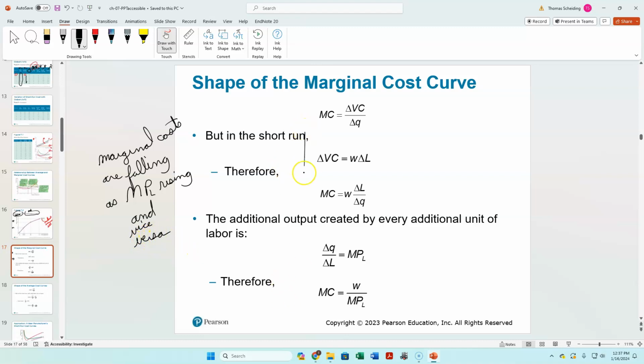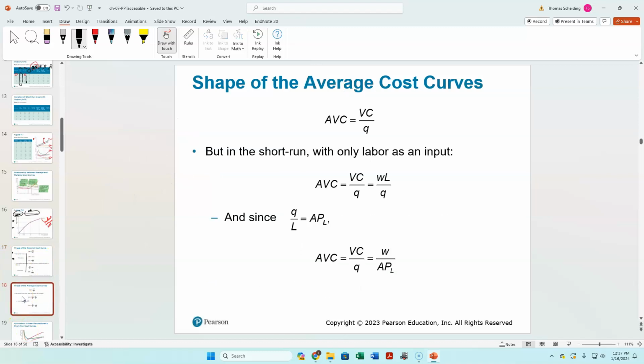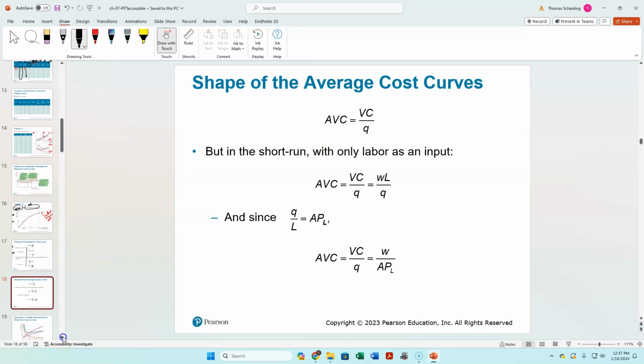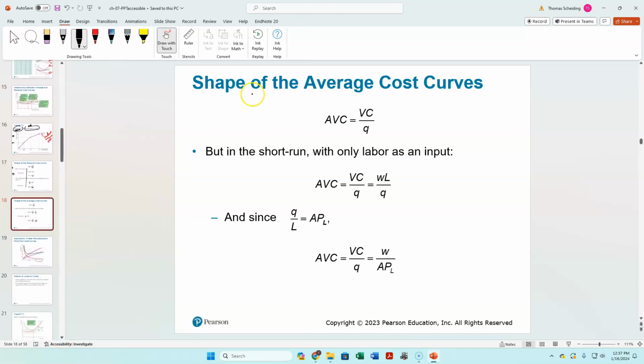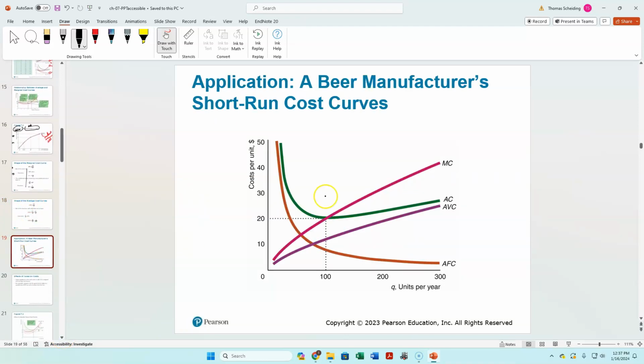And you would see this here from an equation perspective. And again, all they're saying to us on this slide is just that in general, the shape of our marginal curve is affecting the shape, at least, of our average cost curve.